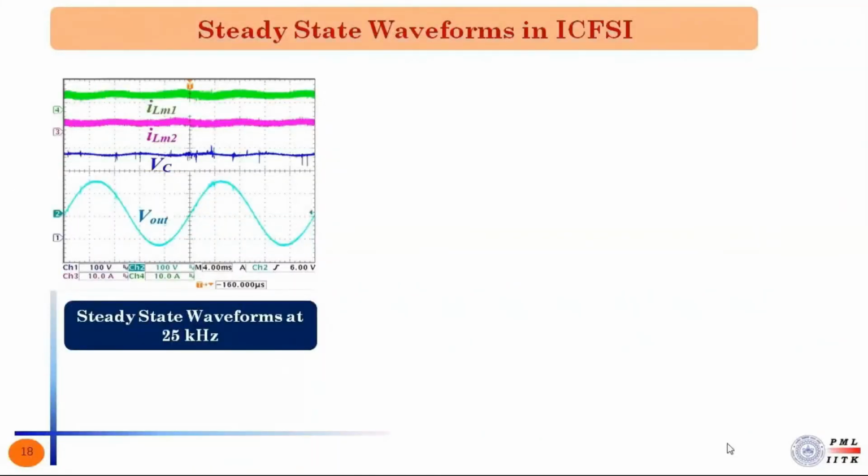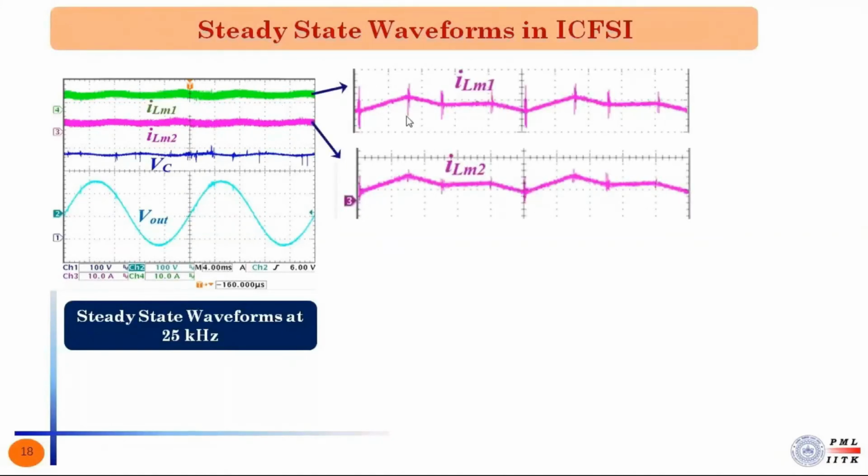So this here shows the steady state waveform of ICFSI at a switching frequency of 25 kilohertz. So this waveform captures the AC output voltage V out, DC link voltage VC, and the two inductor currents ILM1 and ILM2. Now these are the switching frequency ripples of ILM1 and ILM2 in few switching cycles.